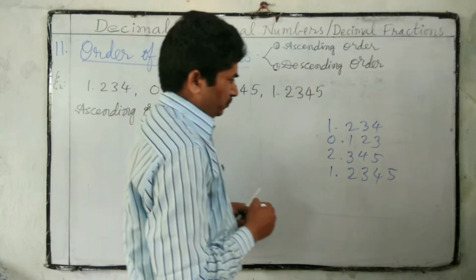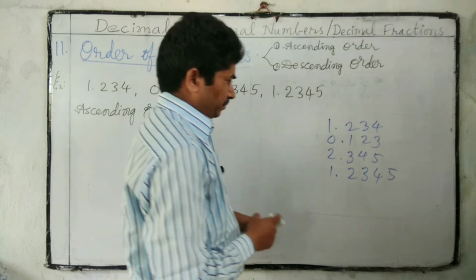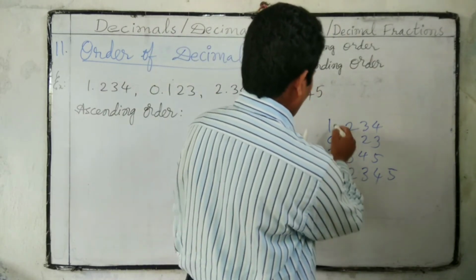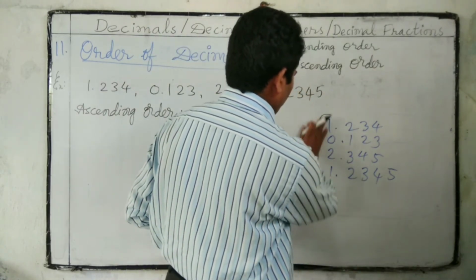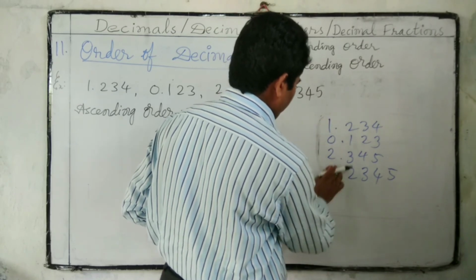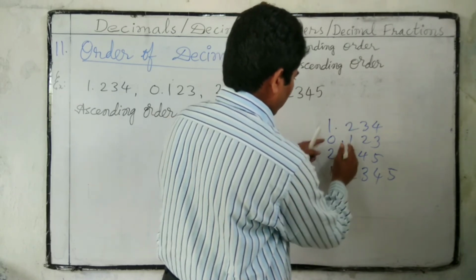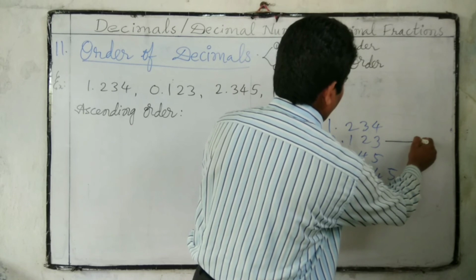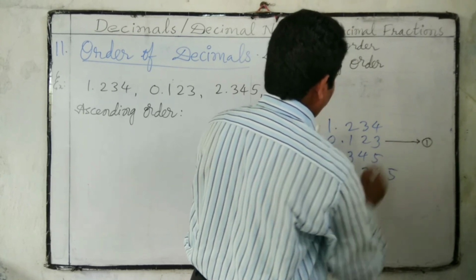So we have to choose first the smallest one. We have to observe this whole number part. In this whole number part, this is the smallest, so it is in the first position.